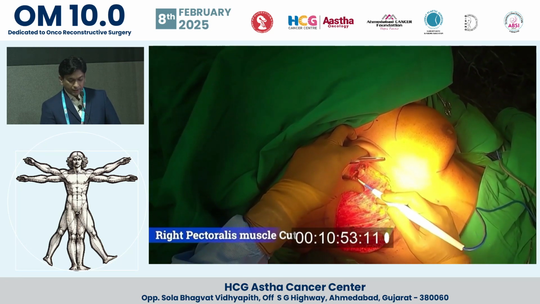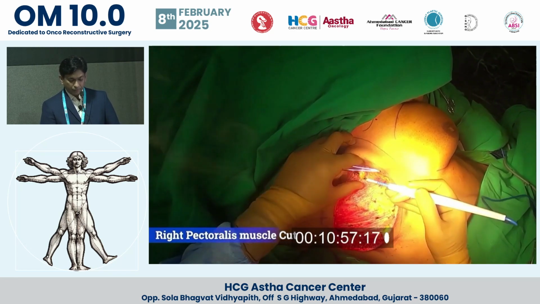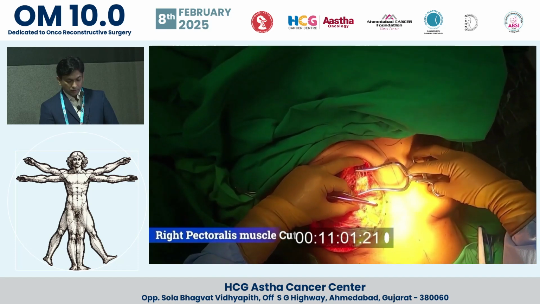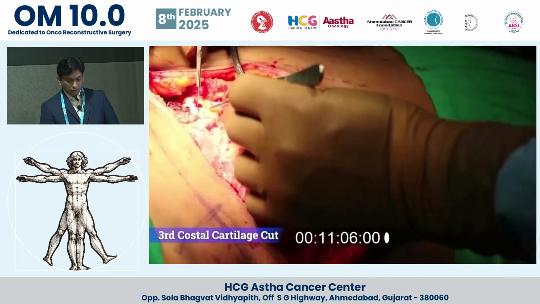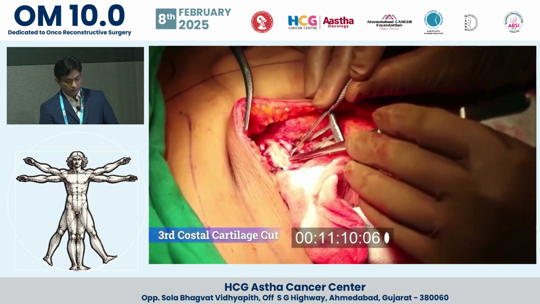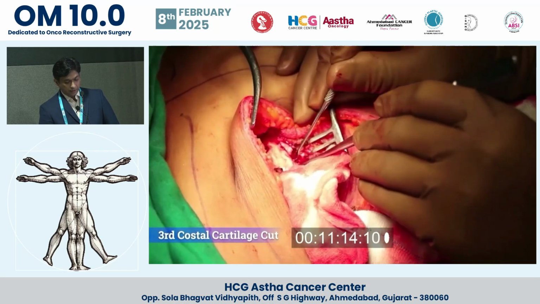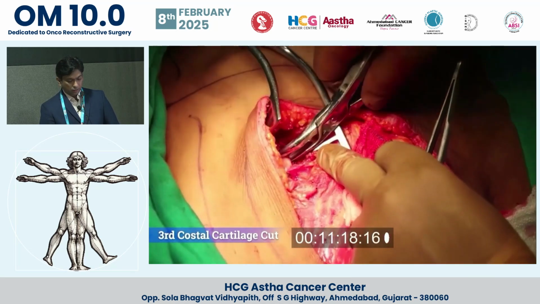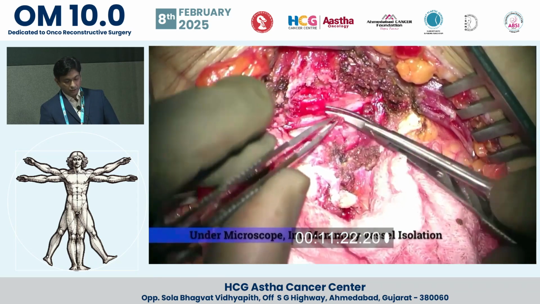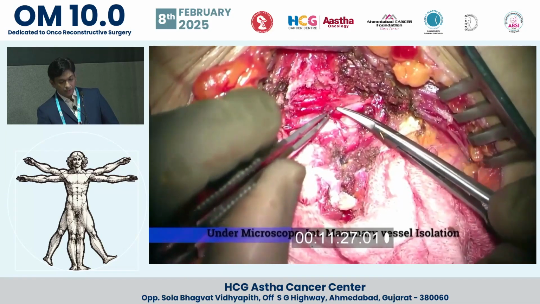Now in the recipient area, we cut the pectoralis major muscle. Now the perichondrium is being dissected. At the costochondral junction, we excise the cartilage.